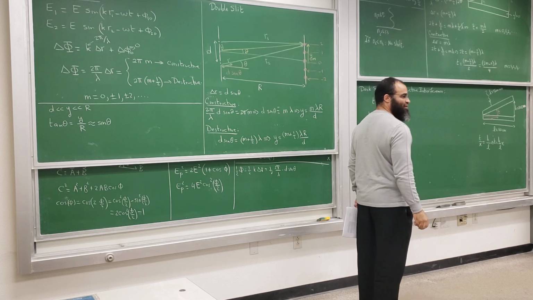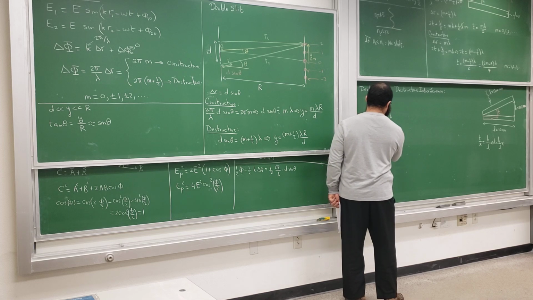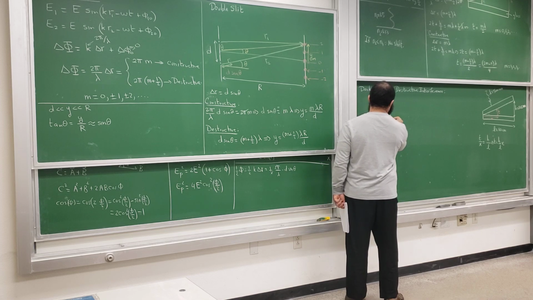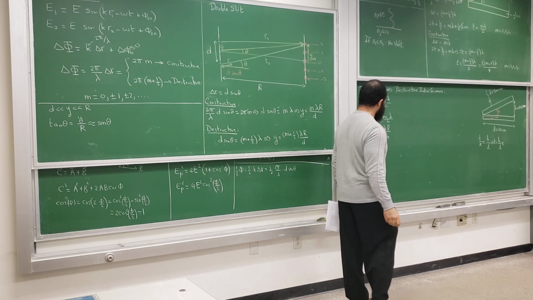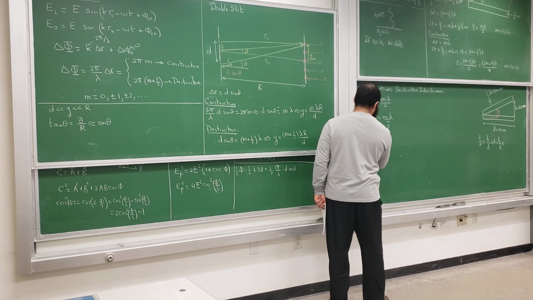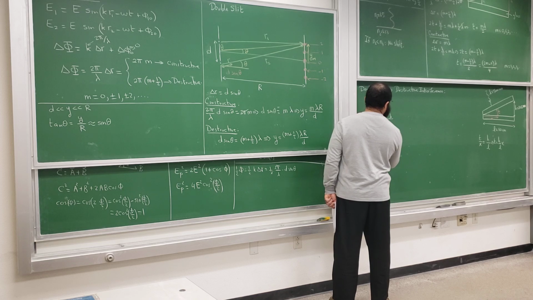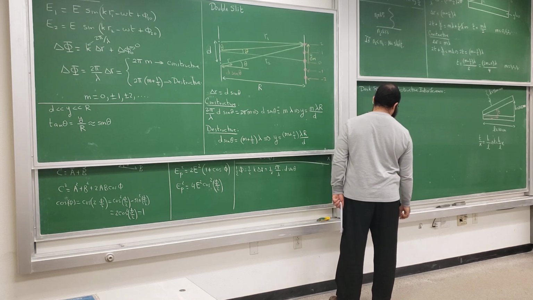Let's plug in some numbers. The 2 should still be here. Right? Yeah. Thank you. Okay, so we get x is equal to lambda, which is 500 nanometers, so that's 5 times 10 to the minus 7 meters.